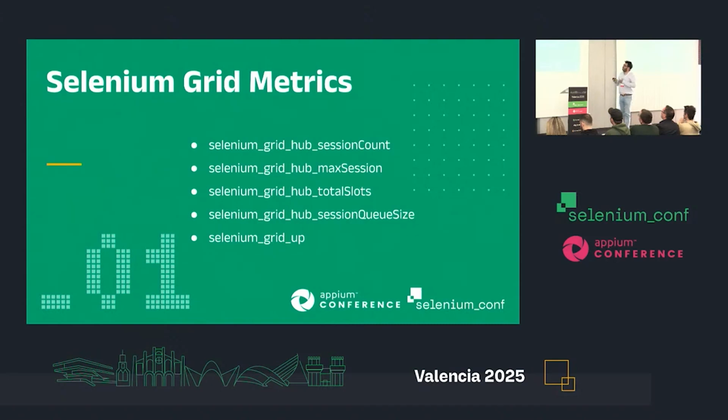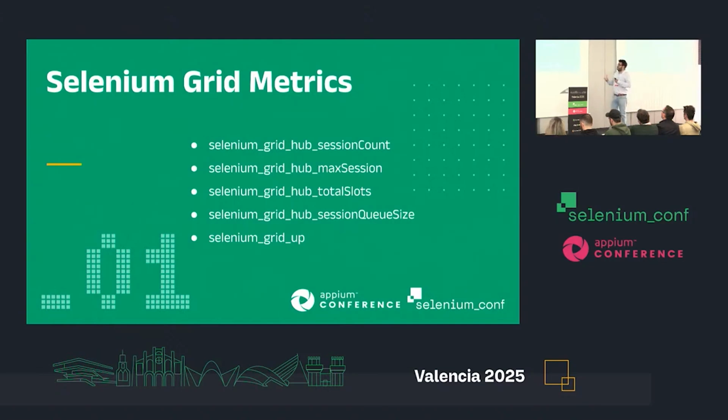Now, a little bit more detail. Of course, we are using the API of Selenium Grid behind the scenes to get these metrics. One of these metrics can be the hub session count, or the max sessions, how many sessions are actually active in our hub. You see most of them are around the hub, but you can configure your own exporter. I didn't talk about exporters much, but this is a basic concept to use when you are developing a Prometheus client.